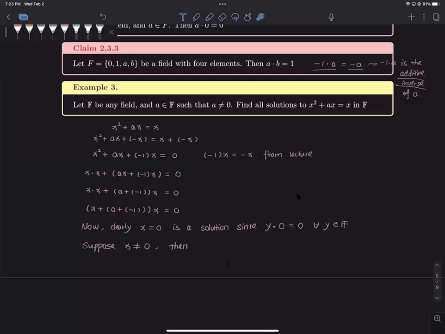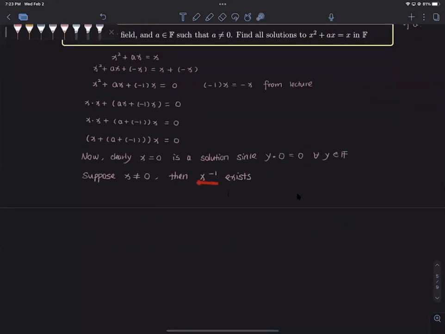I just told you, you don't know. What you know is the inverse exists. Exactly. x has a reciprocal, so x inverse exists. Since it exists, we can multiply both sides by this, right? Look at this. So let's multiply both sides by x inverse. You'll get this.